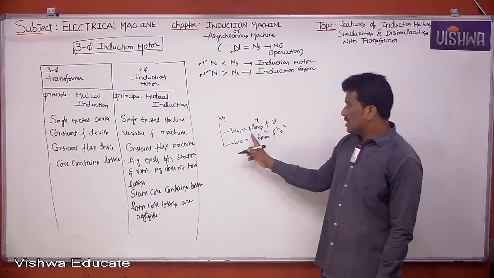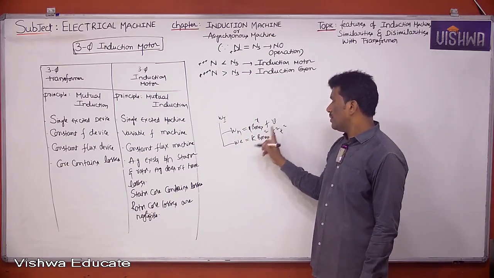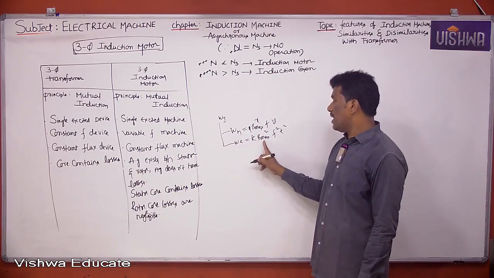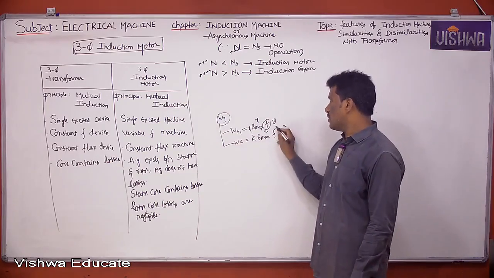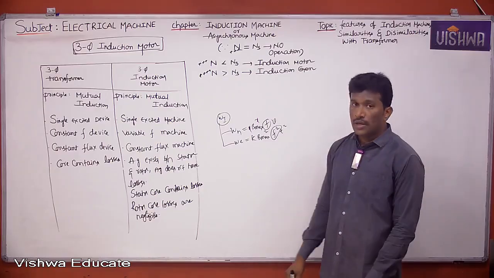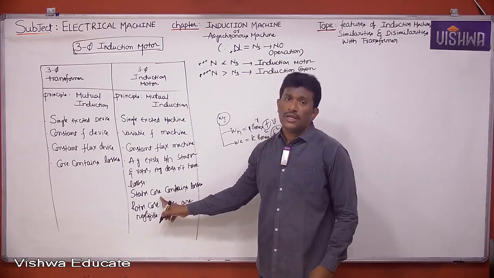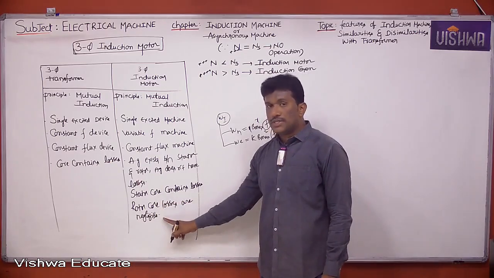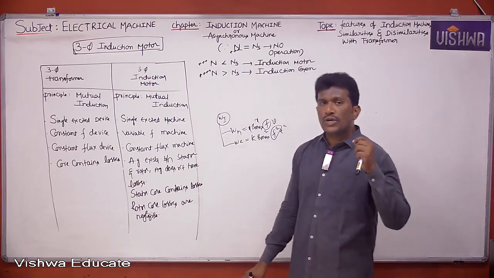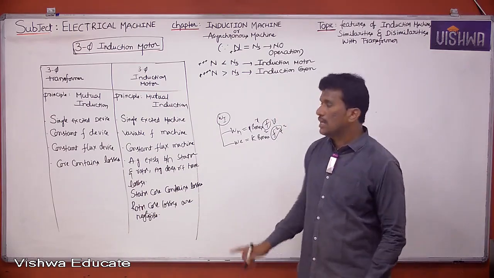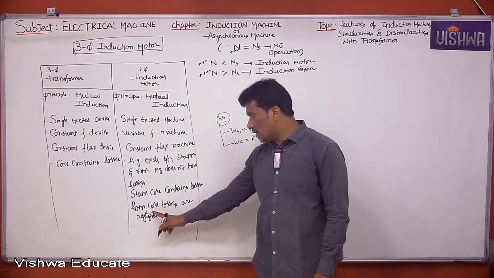Already we have discussed this in a transformer. Here iron loss depends on frequency. What is the frequency of your stator in an induction motor? F. What is the frequency of your rotor? SF. SF is very less.